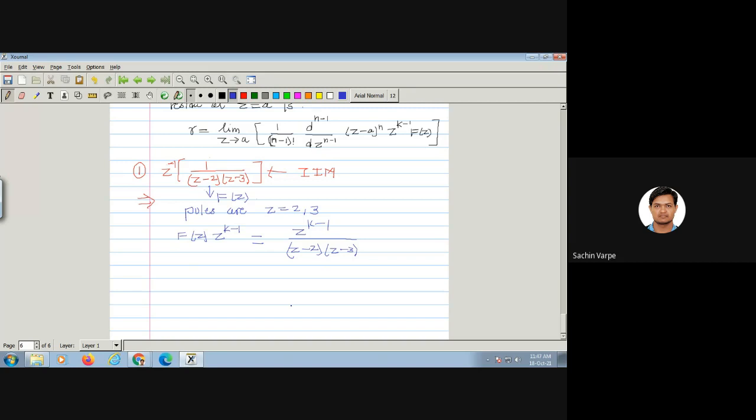So we find the residue of this function at these two poles. And in both the cases, as they are simple poles, we use the first formula only.